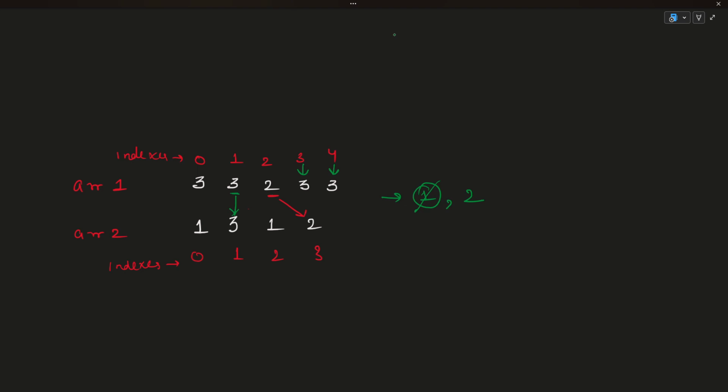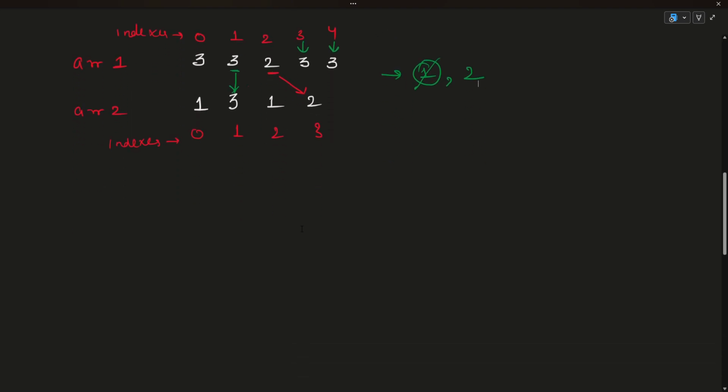I hope from this example you get a better understanding of the problem statement and the critical part we have to solve in this question. Let's try to understand from the above example only. Let me write it down again: 3 3 2 3 3 1 3 1 and 2.